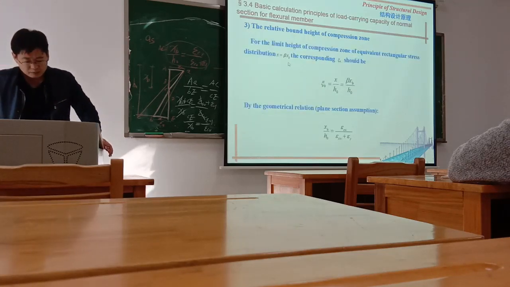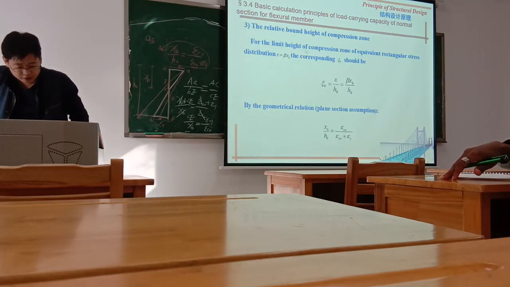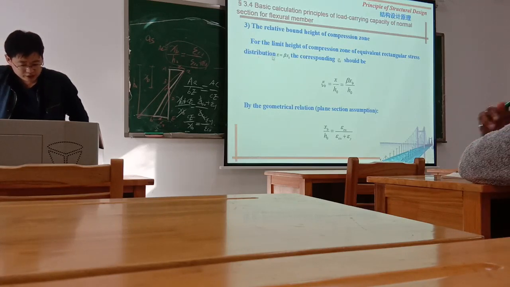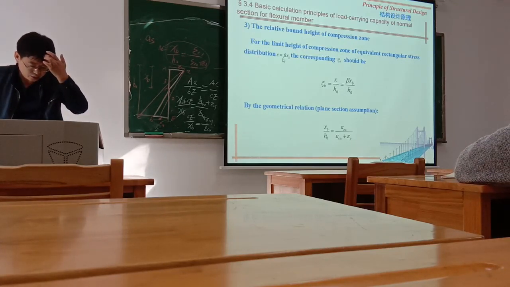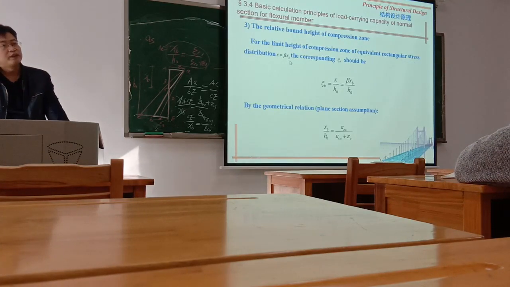And here is the question. For the limit height of compression zone equivalent, here they use X equal to beta XB for the rectangle equivalent.